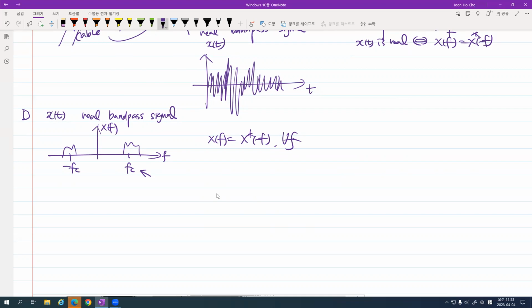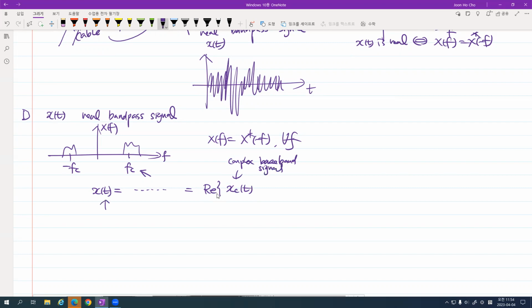And then what happens? Under the assumption that most of the energy of this signal is grouped together around this fc and negative fc, we can eventually show that this x of t can be written in this form: some complex valued signal, which is the complex baseband signal.